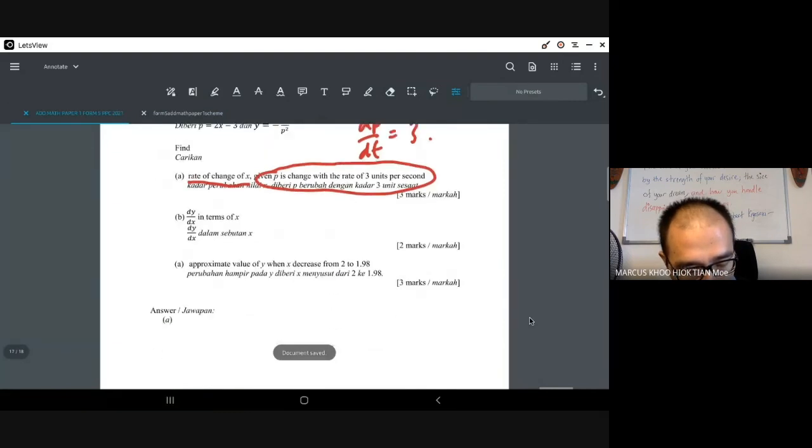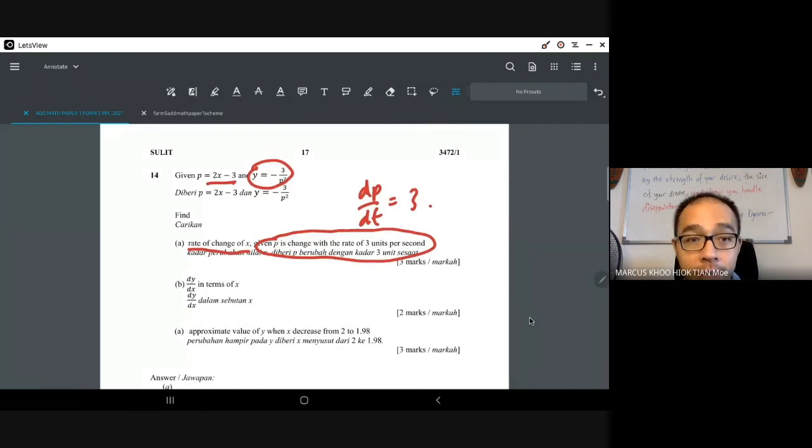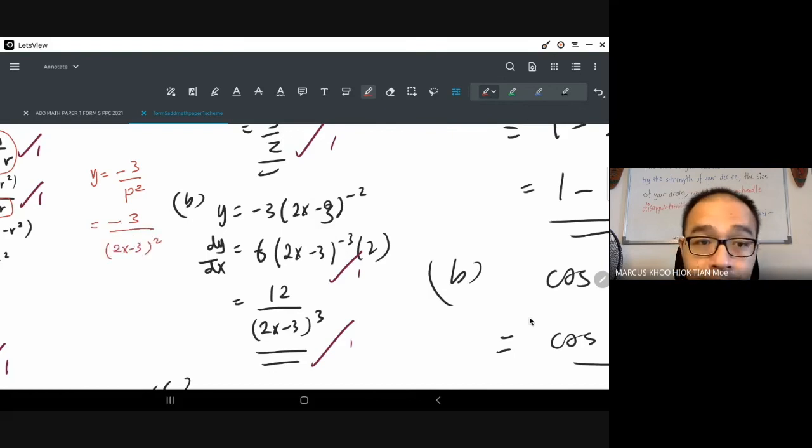Okay, second question. Find dy/dx in terms of x only. We need to make the p disappear. So this p, you will find that I replace with 2x minus 3. The original one is y equals negative 3 over p squared. So it'll be negative 3 over 2x minus 3, the whole thing squared.